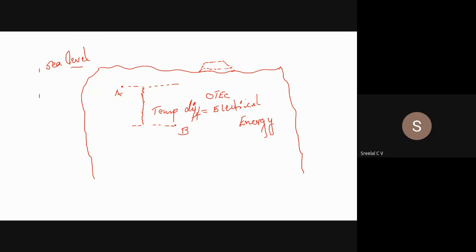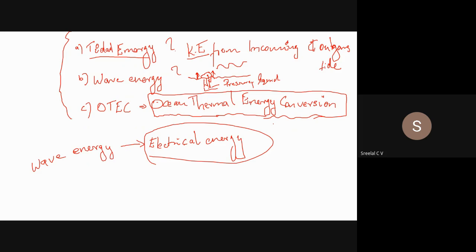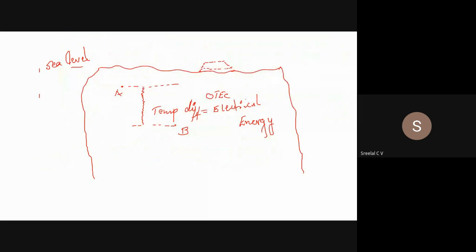Yes, sir. So the first one was the kinetic energy from the incoming and outgoing tide. The second one was the wave energy, which will be utilized from the surface of the ocean. And the third one is the temperature difference between the deep ocean water and the warm ocean water.